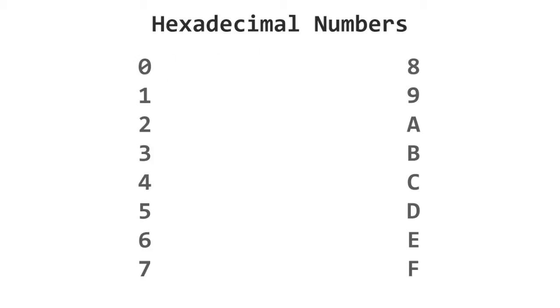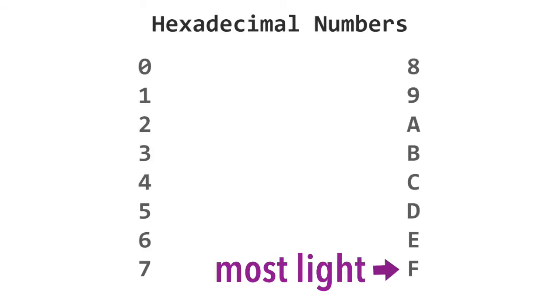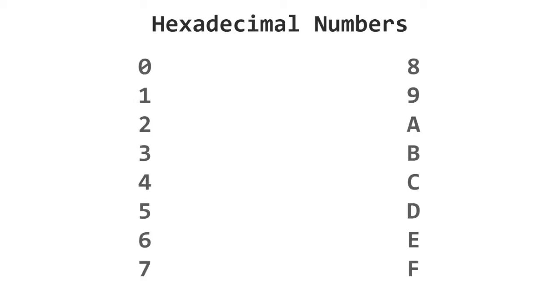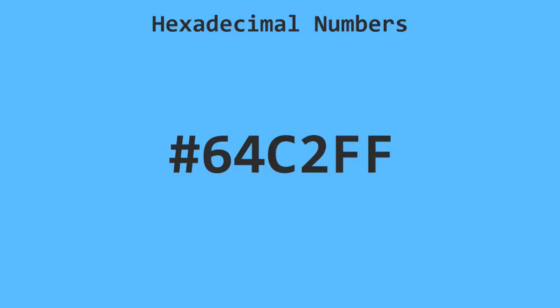The largest number represents the least darkness, or the most light, therefore white, or the maximum intensity of the color. So, for an intense shade of blue, you shouldn't be surprised to see FF in the final pair, because the B in RGB is blue and FF is the most intensity.